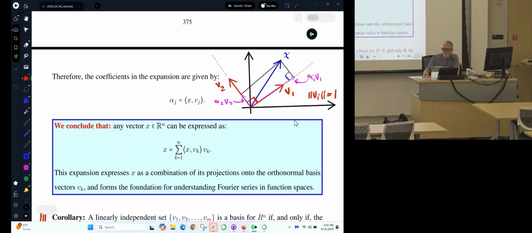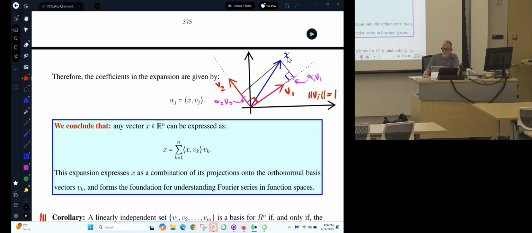Let's just kind of look at this picture here. If we have a vector that's orthogonal to the first vector, then it has to be parallel to the second one, because we're in R2 and there's only one other vector orthogonal to V1.